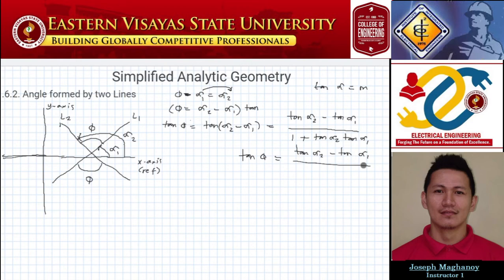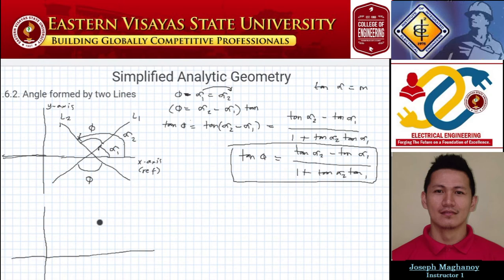Okay, let's consider another setup of two intersecting lines. For example, we have our Cartesian plane and we have this line.